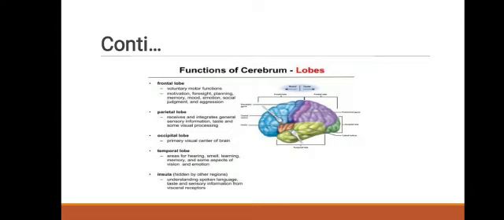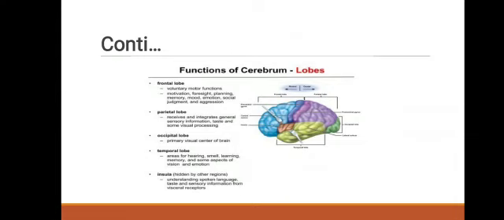Next one, parietal lobe function. It receives and integrates general sensory information, taste and some visual processing. Next one, occipital lobe function, the primary visual center of the brain.